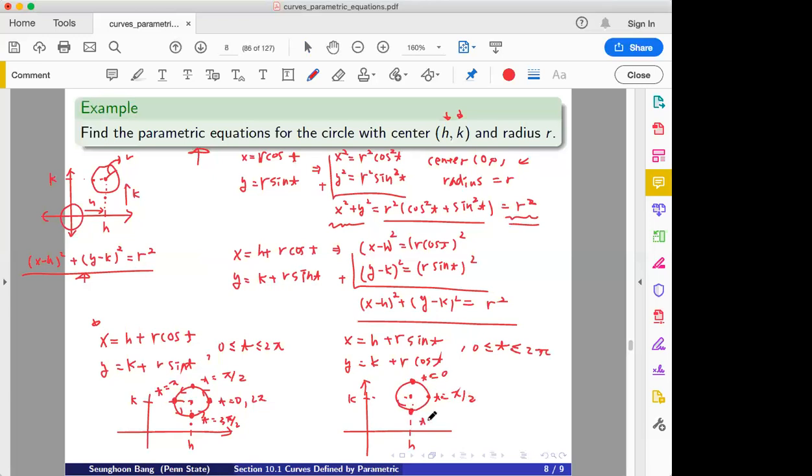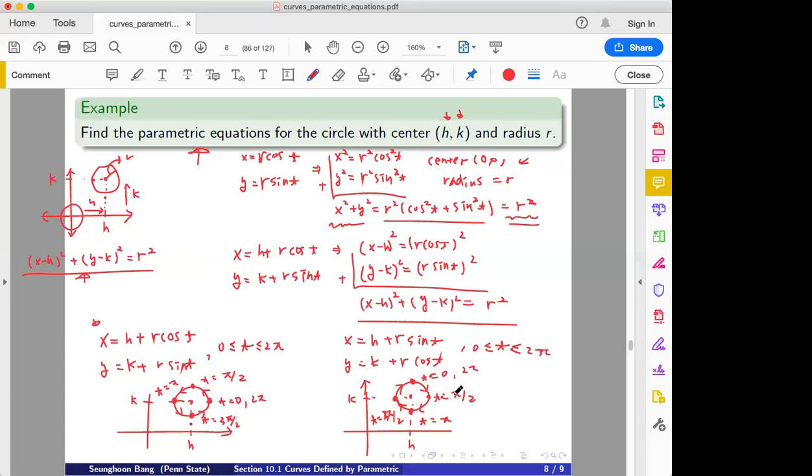Here, t equals pi. Here, t equals 3 pi over 2. t equals 2 pi. Direction doesn't change. Direction is like this one. Clockwise direction. So we have two kinds of parametric equations possible.